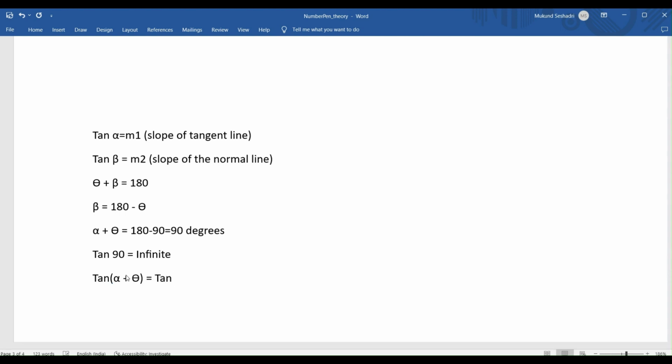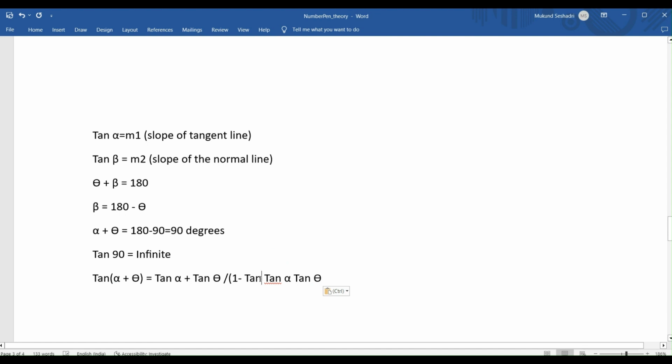Tan of alpha plus theta equals tan alpha plus tan theta, the whole divided by 1 minus tan alpha tan theta.